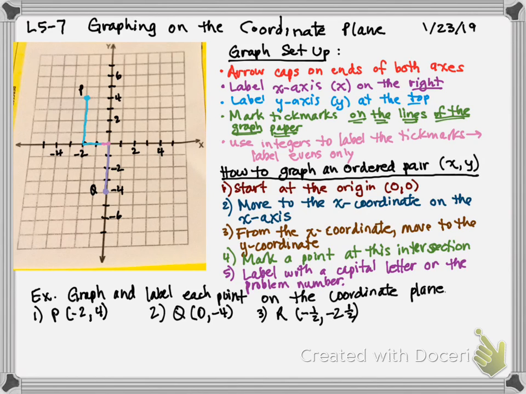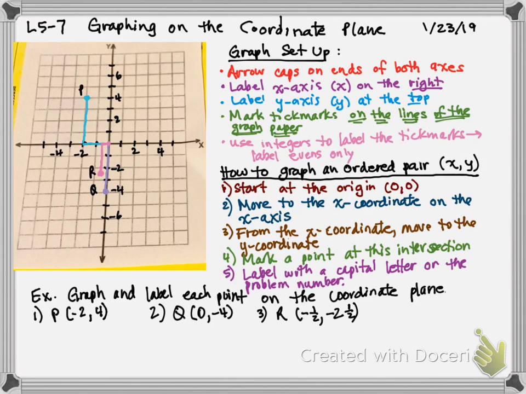So -1/2 would be halfway between 0 and -1. And then it wants us to go to -2.5 on the y-axis. So that's going to be between -2 and -3 halfway. And then we mark our point. And then we're going to label that R.